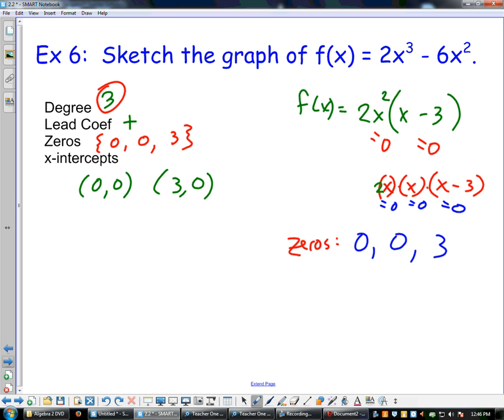Everybody agree? So before you, don't type it in, before you do this, I'm asking you, without a calculator, can you sketch a halfway decent graph of this? Does it start high, end high, start low, end low? What's it doing? Starts low, ends high. Do people agree? Yes. All right, and it's going through 0, 0, and 3, 0.